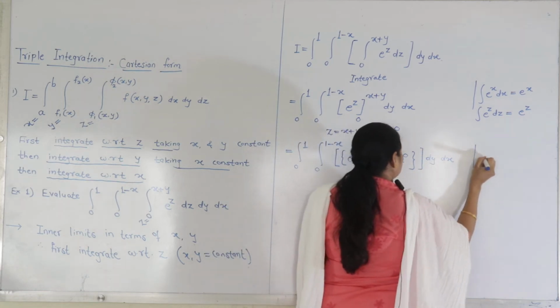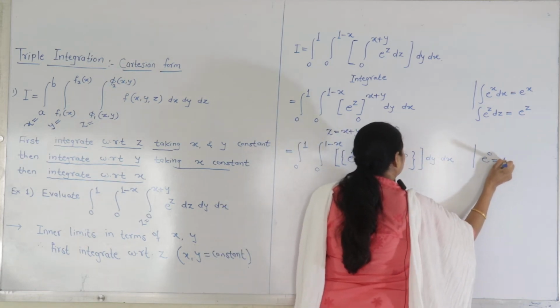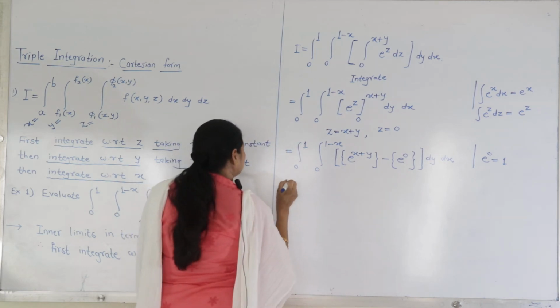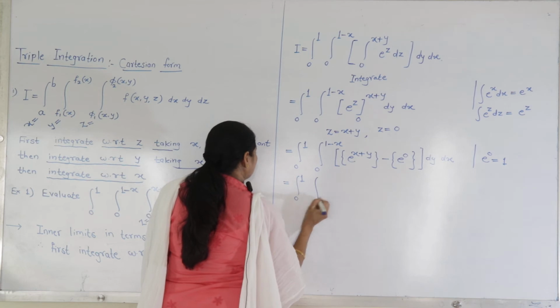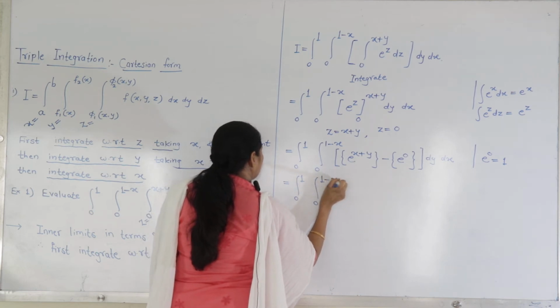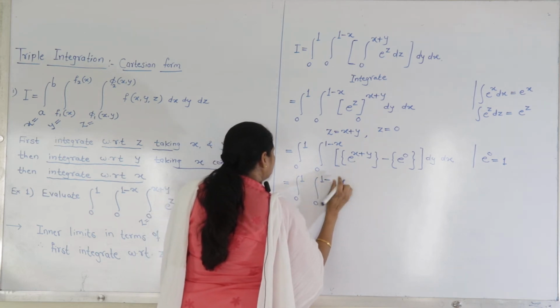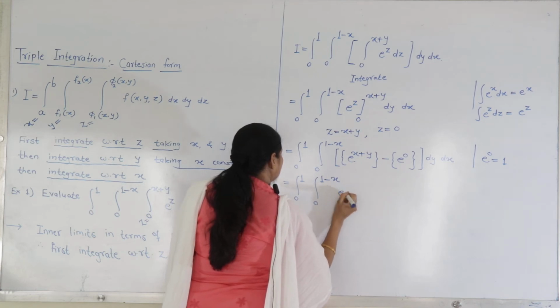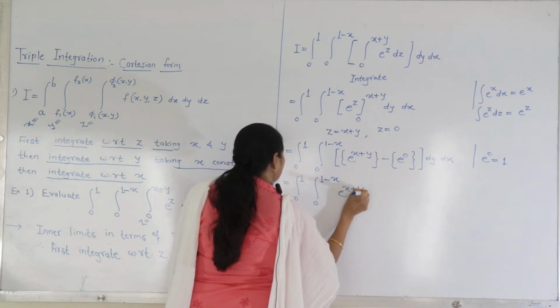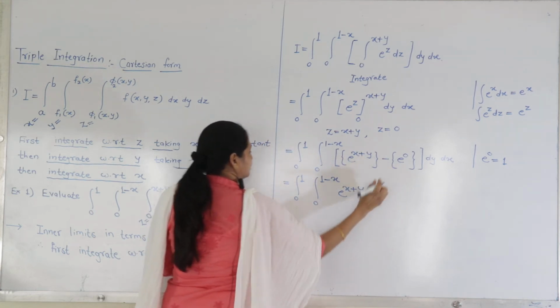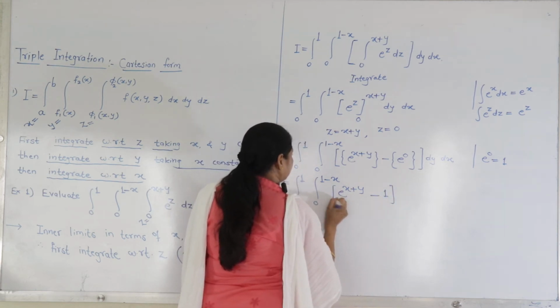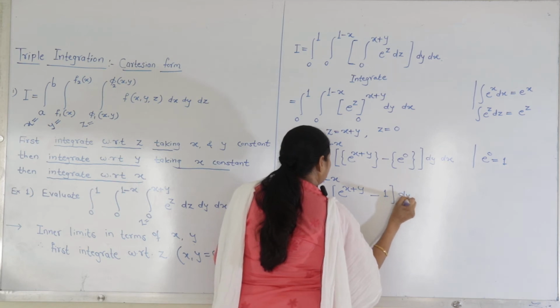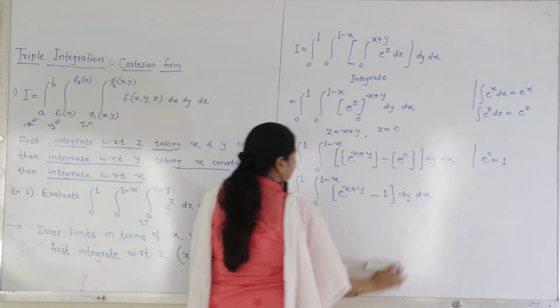But e raised to 0 is 1. So 0 to 1, 0 to 1 minus x, e raised to x plus y as it is, minus e raised to 0 which is 1, bracket, then dy and dx.